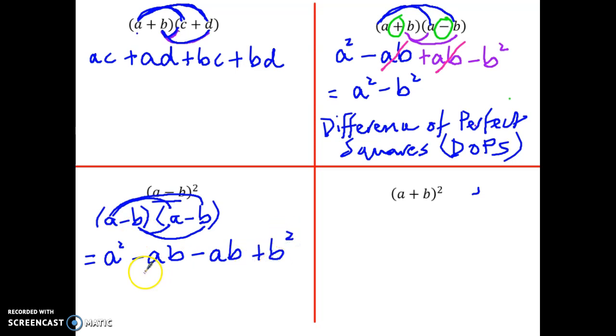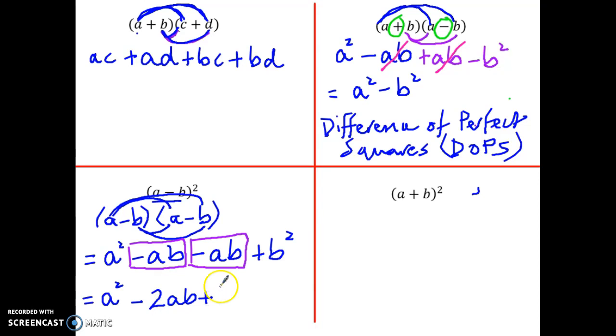Now with our middle terms, we have a minus AB take away another AB. This AB is actually there twice. I've got a minus 1AB, take away another AB, so I've got minus 2AB plus B squared. Let's have a look at this one.